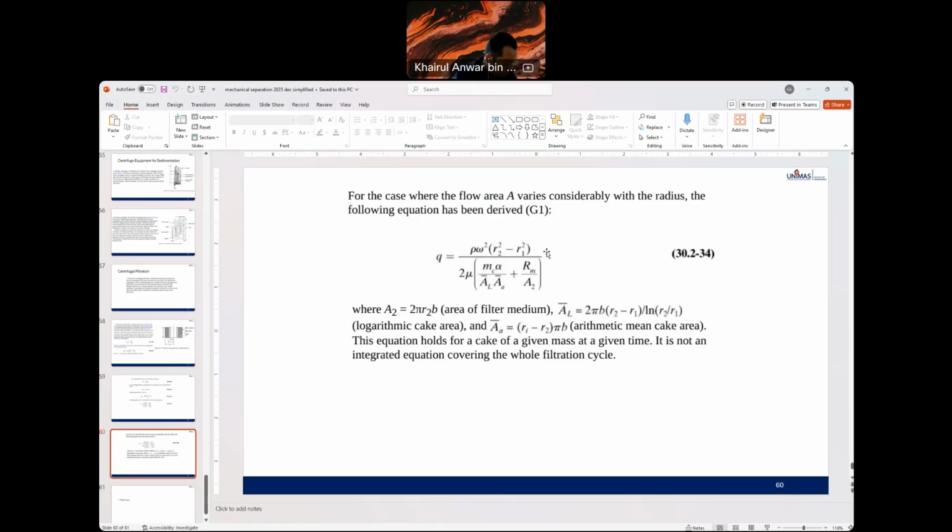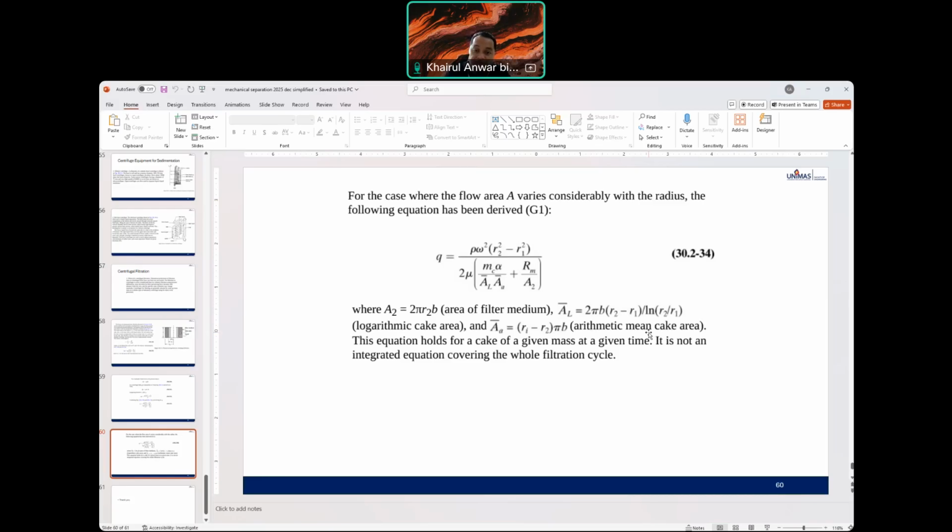For the case where the flow area varies with the radius, an equation can be derived, 30.2-34, where A2 is the area for the filter medium, AL is the logarithmic mean cake area, and AA is the arithmetic mean cake area.